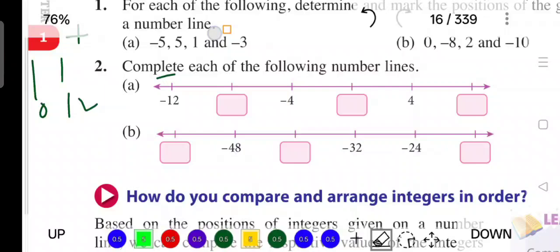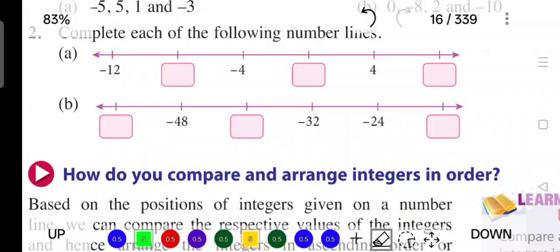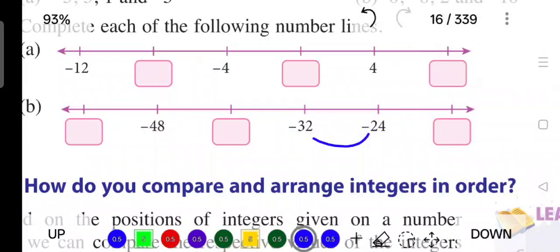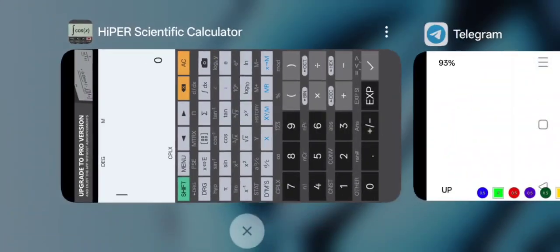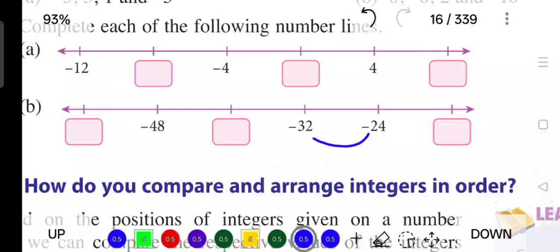So if they ask you to complete the number lines again, you just have to see, if they are side by side, you can just count the difference. For example, I take the big number 32 minus 24. Roughly, if you don't know how to do it, you don't even have to put the negative sign, you just take the big one minus the small one, the gap is 8.